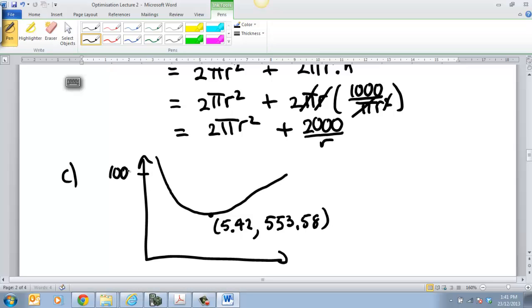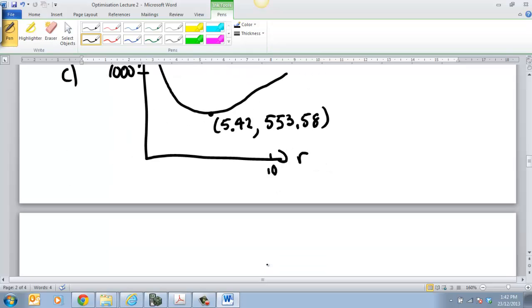Make that 1,000. This is the surface area, and this is our radius, and we're making it up to maybe 10. So that's my sketch of my function, part C.